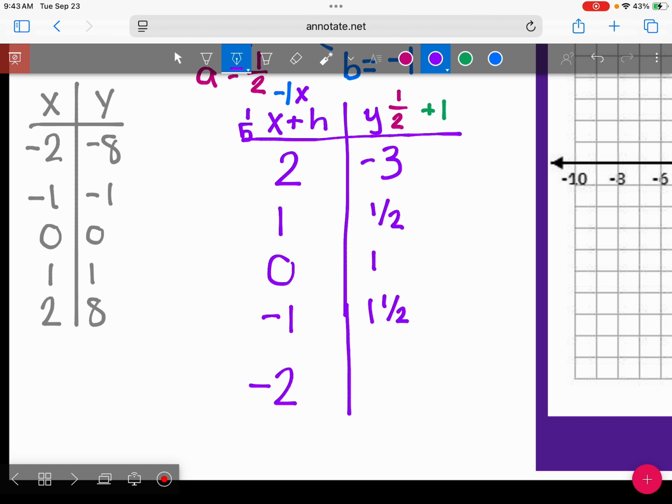Whatever works better for you. I tend to go with mixed numbers or decimals when it comes to graphing. If you want to put an improper fraction, you do you. I just find 3/2 harder to graph than 1.5. 8 times 1/2 gives us 4, plus 1 gives us 5.